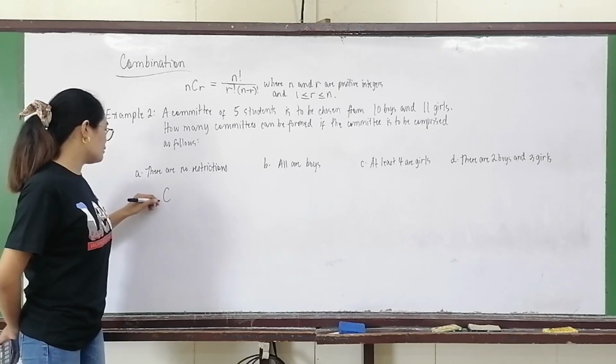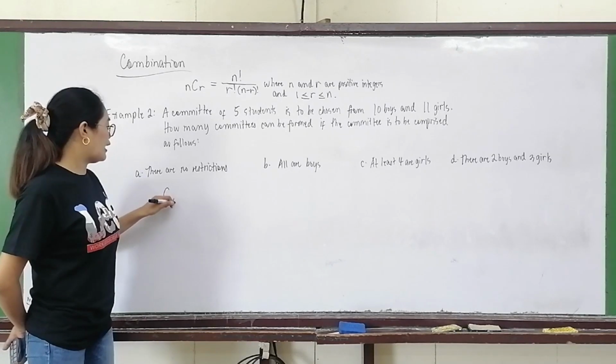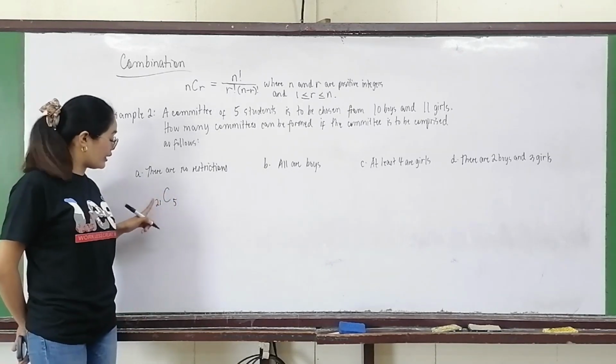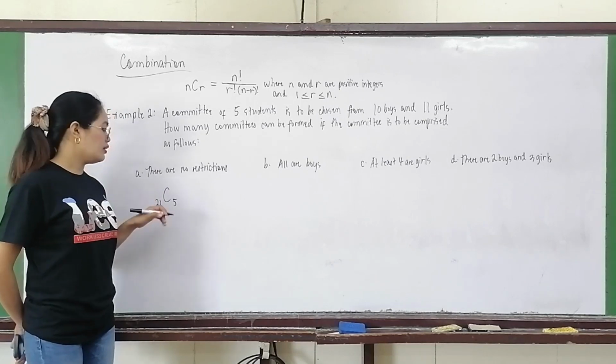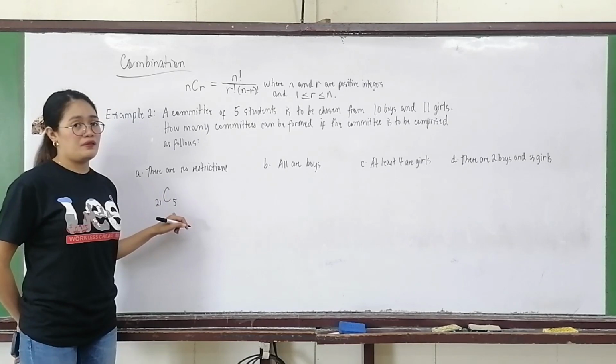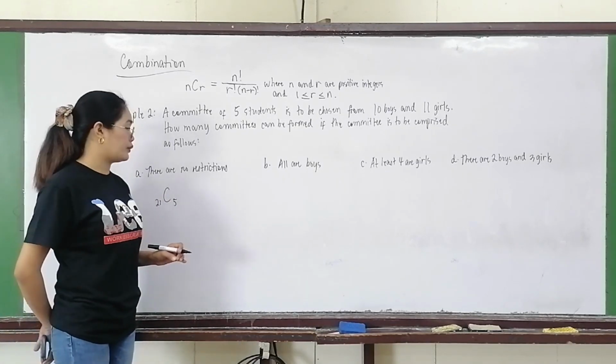So the combination of 21 students taken 5 students. Our r is 5, our n is 21, since we have 21 students and we only need to choose 5 students to form our committee.